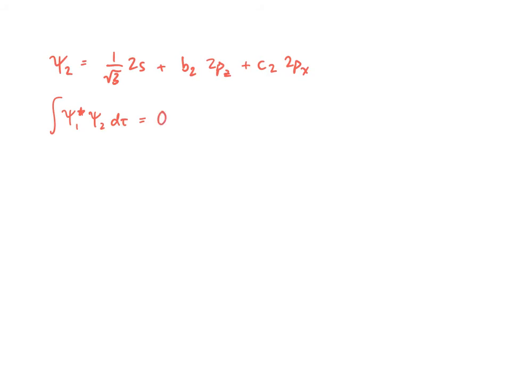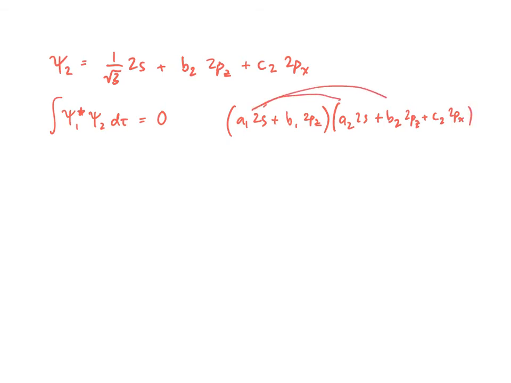And once you do that, then you're going to do something similar to the FOIL method, where you're going to get A1 2s plus B1 2pz multiplied times A2 2s plus B2 2pz plus C2 2px. And you're going to do sort of a 6-way FOIL, kind of like this.